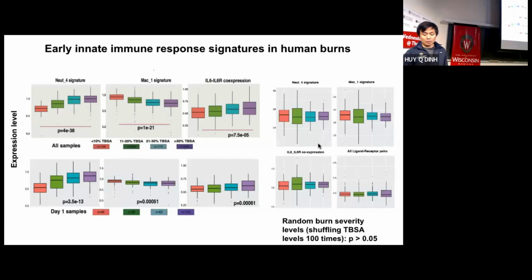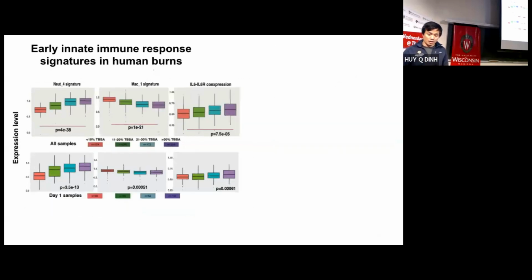And if we do it randomly, like if we ask whether we observe this by chance, and we shuffle the TBSA levels 100 times, we don't see that. I think even if we do 1,000 times, we don't see that at all. So that indicates the signature we found here is potentially significant.